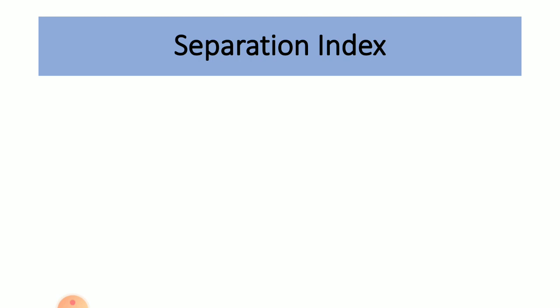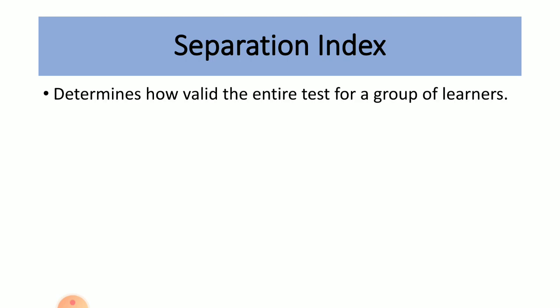Next is the separation index. The separation index is otherwise known as the discrimination index. This index determines how valid the entire test is for a group of learners.